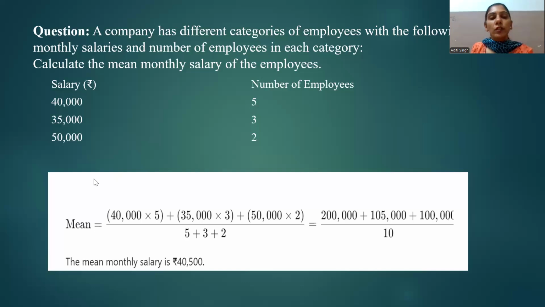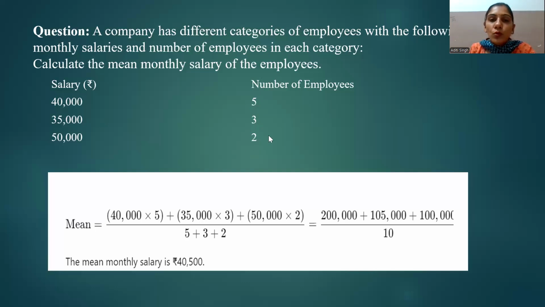What we have to do is multiply 40,000 with 5 so that we can get the salary of all 5 employees. Similarly, for the second salary, 35,000, there are a total of 3 employees who are getting it, so we have to multiply 35,000 by 3.